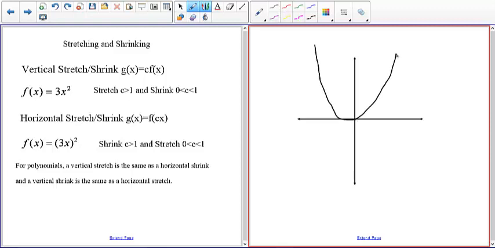Okay, so that's my attempt at drawing a parabola. So the top one, this is a vertical stretch. So what that means is you're stretching it vertically. So how would that look? It would mean it increases more rapidly as you go to either side of the origin. So you're basically pulling it, stretching it like that.